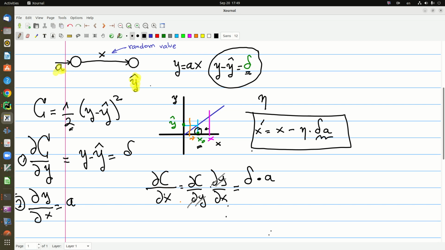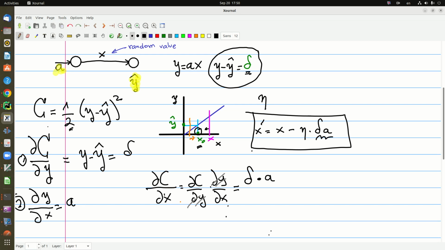The fact that we pick the delta c over delta x is an application of gradient descent. In our case, the gradient descent is the derivative of the cost.